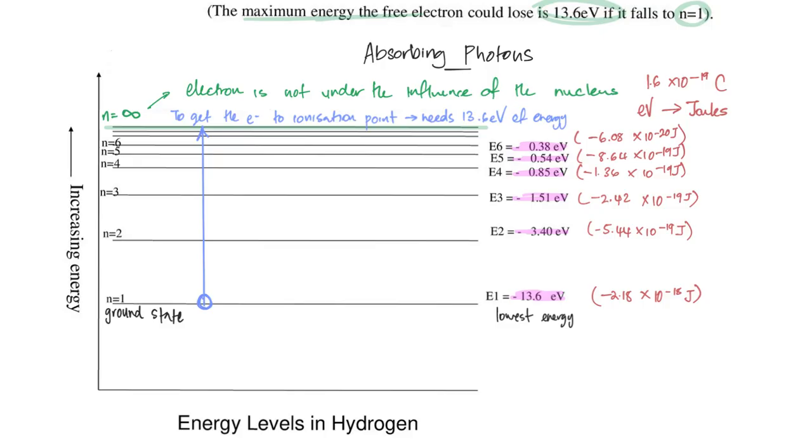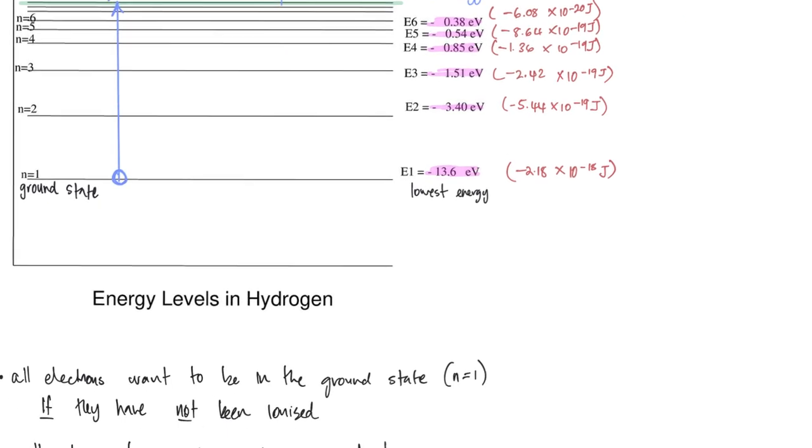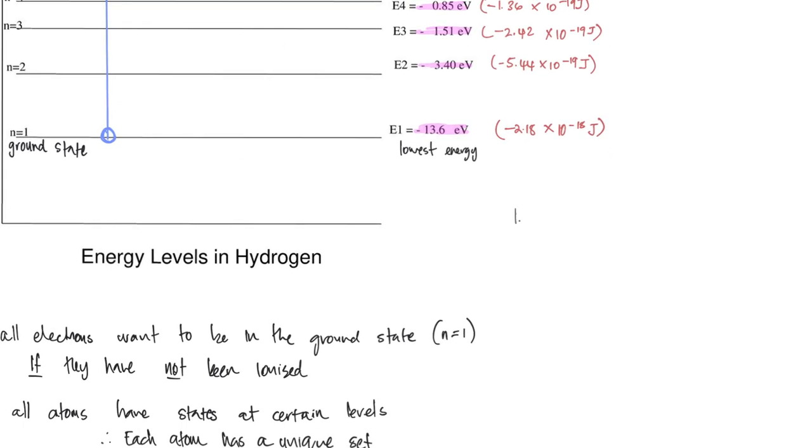Let's look at some conditions that will help us to understand what's going to happen on this actual diagram. Let's say the first thing that I want to do is move to n is equal to 2. So I'm going from n is equal to 1 and I'm moving to n is equal to 2. So that's moving up. If I move up, I need to absorb energy.